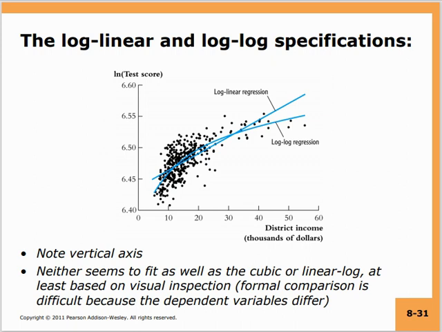So anyway, the cubic and the log-log regression seem to fit the best. So you have to try out different specifications and look at which one fits the best, or look at your likelihood function at the end of it to understand which kind of specification fits your data the best.